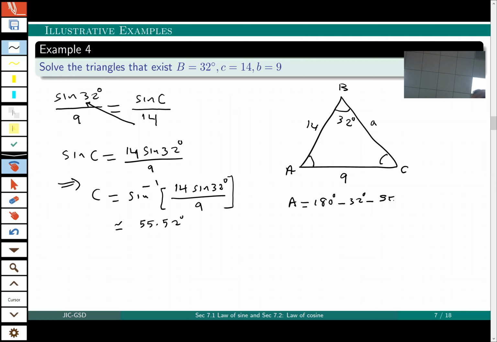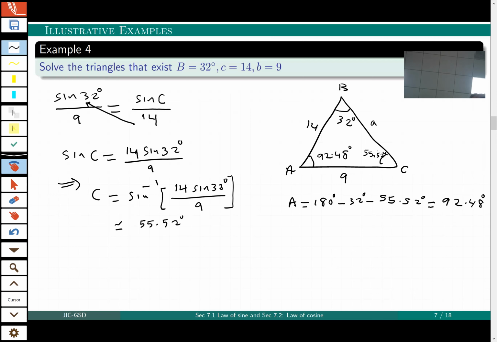So what you will get is 55.52 plus 32 minus 180, so that will be 92.48 degrees. So we know now what A is, it's 92.48, and we have C, which is 55.52 degrees. Now that we know the angles, we can know all the sides.